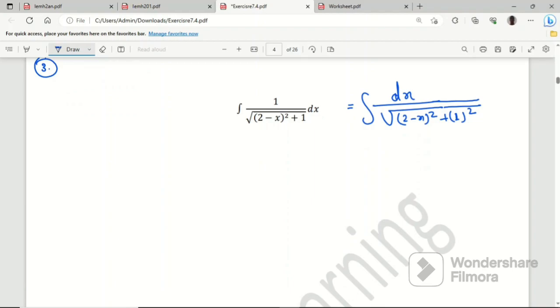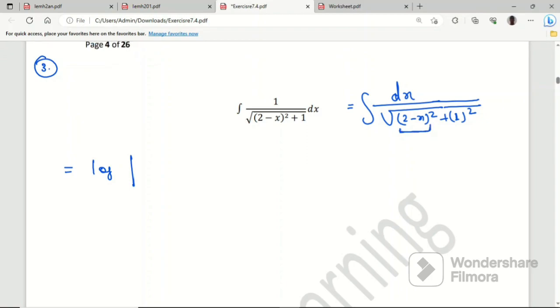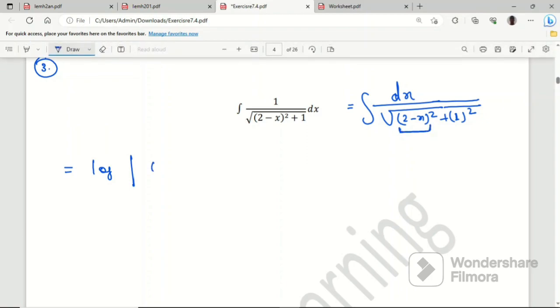So it will give us the answer log x, but here you need to see what the variable is. Here the variable is 2 minus x, so I need to put 2 minus x plus under root. There is no need to always substitute. You can substitute at first z equal to 2 minus x, then you will be writing z square plus 1 square. There is no need, directly you should do it.